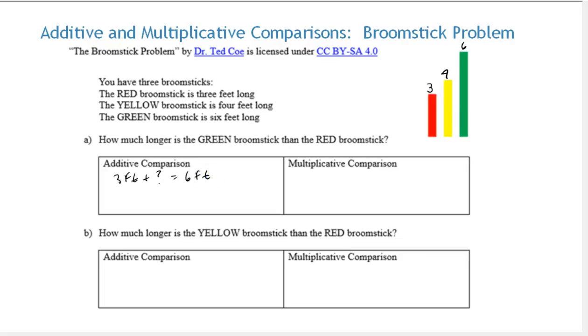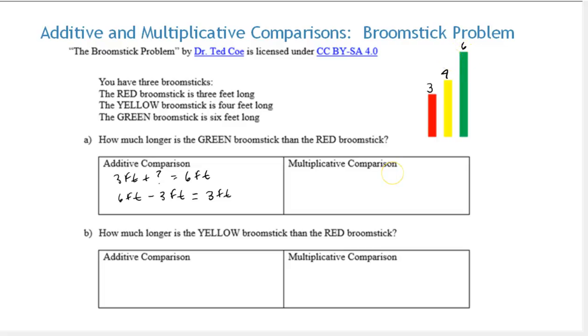To find this amount, we will subtract and take the difference. 6 feet minus 3 feet equals 3 feet. So the green broomstick is 3 feet longer than the red broomstick. So if we had 3, we add on another 3, we get the height of the green broomstick.